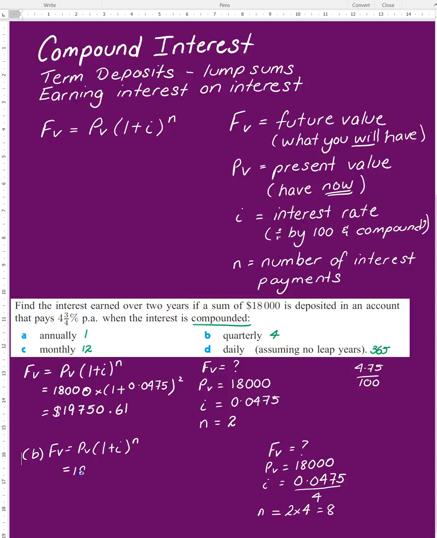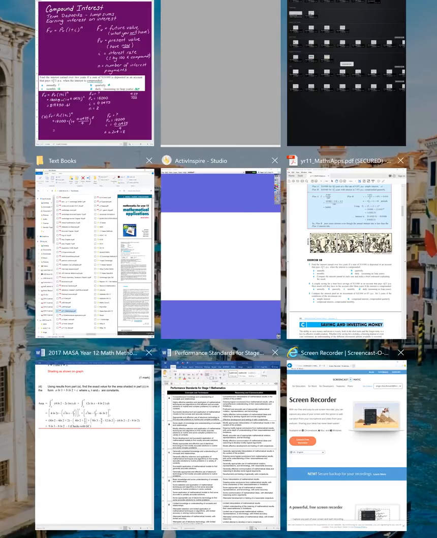We get 18,000 times 1 plus, and now I write my interest here, so 0.0475 all over 4, and that is to the power of 8. Okay, and off we go to our calculator here.